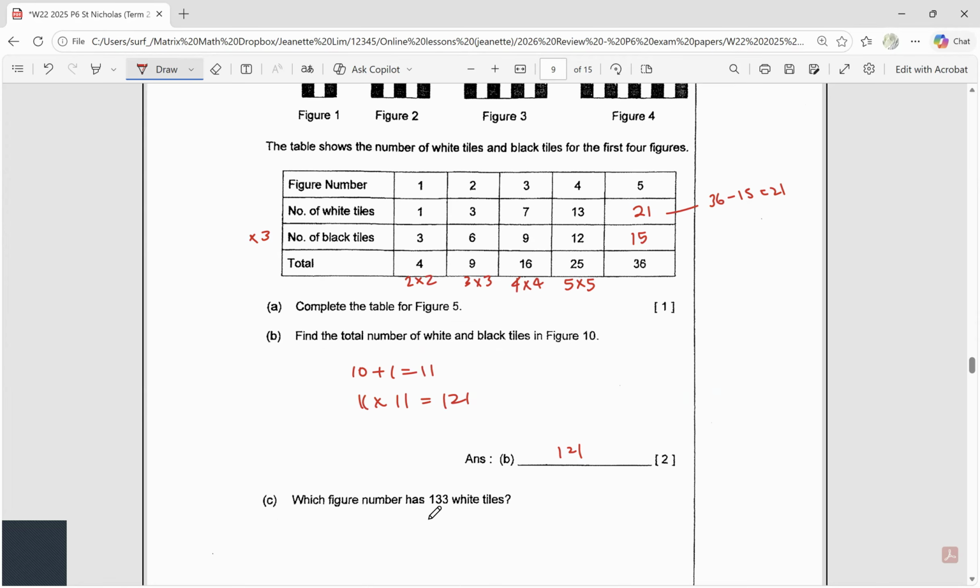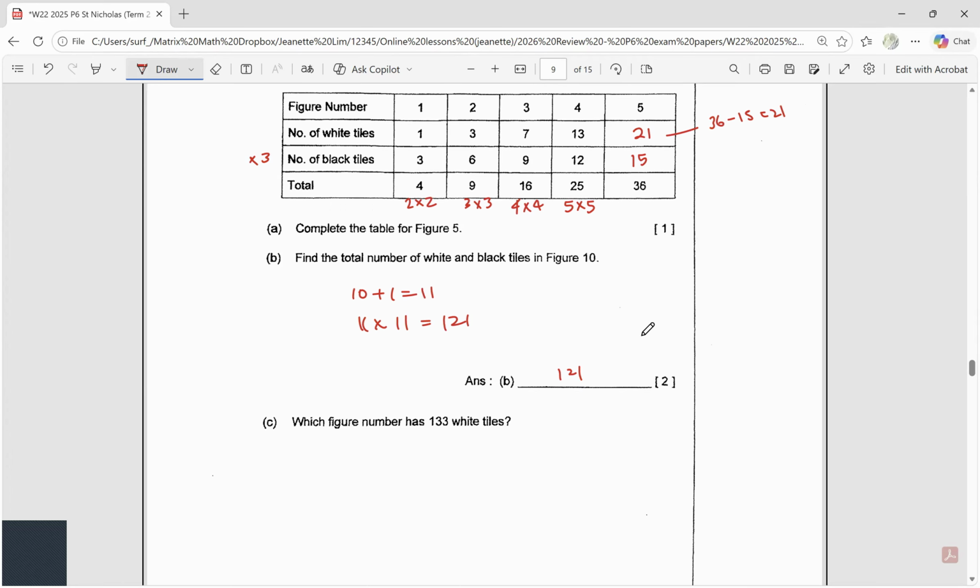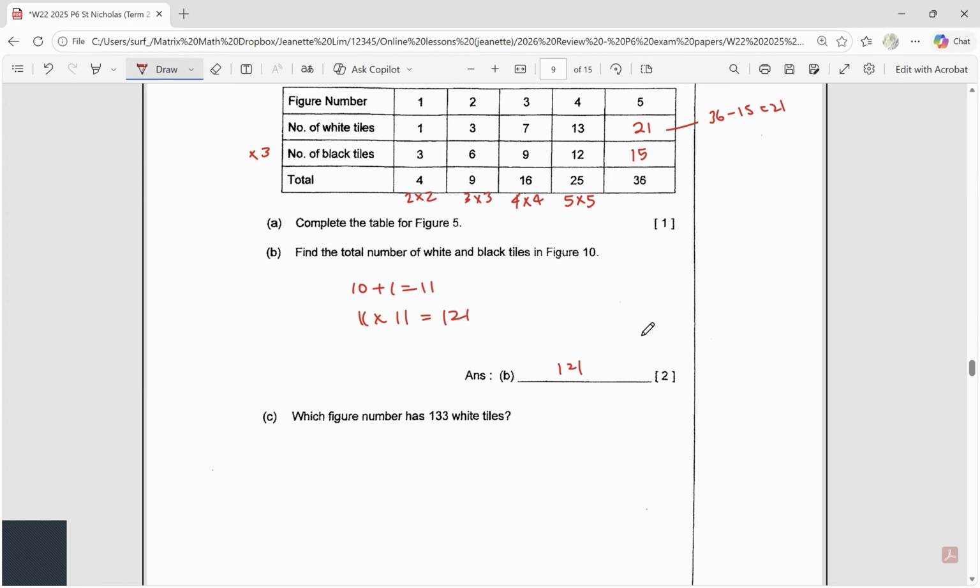Then for part c, which figure has 133 white tiles? We're looking at white tiles this time, not the black, not the total. But black and total would be easier to find. So what I'm going to do is list down a few possible answers and then check if they are correct.